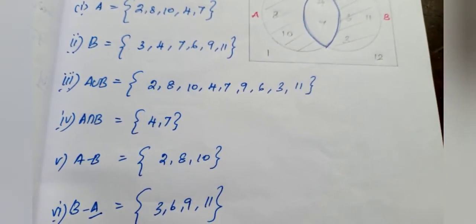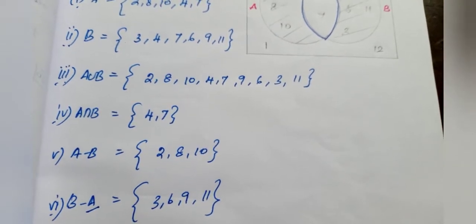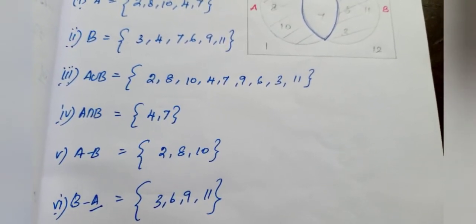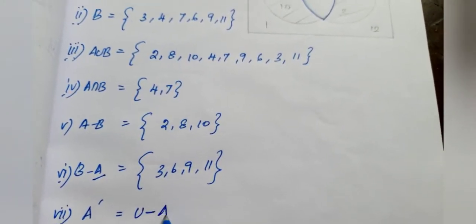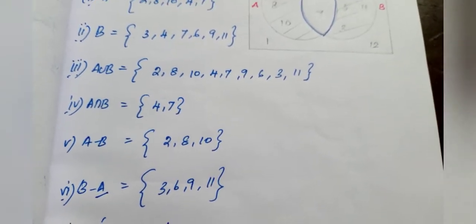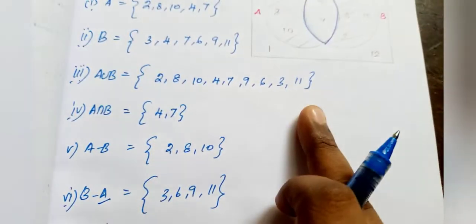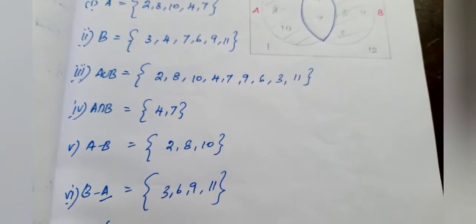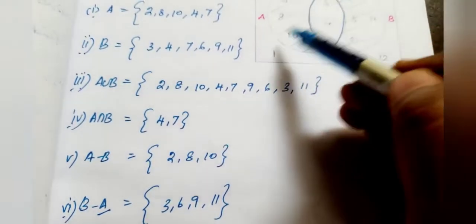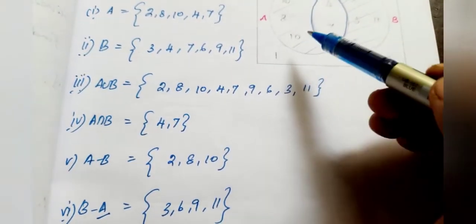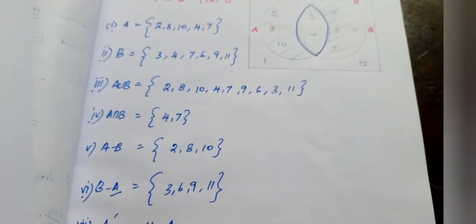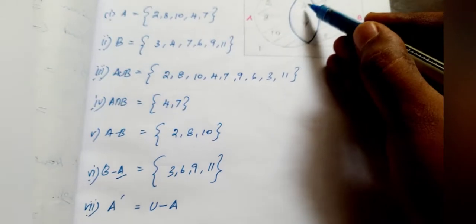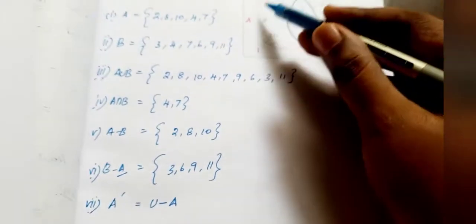What is next? A dash. Easily you can remember that it is the complement of A. The seventh one, complement of A, means the universal set minus A. So among all the universal set, just subtract the elements of A. Remember, 4 and 7 also belong to set A only.